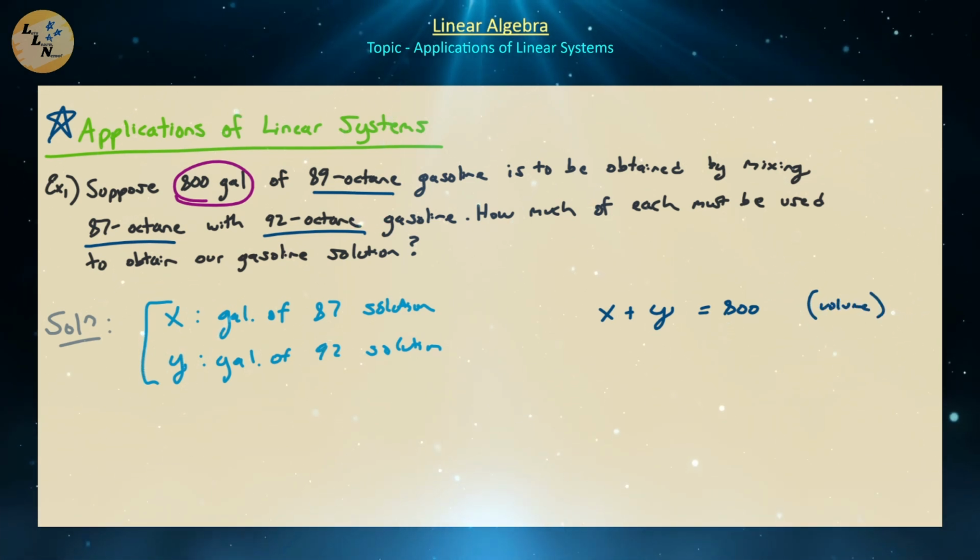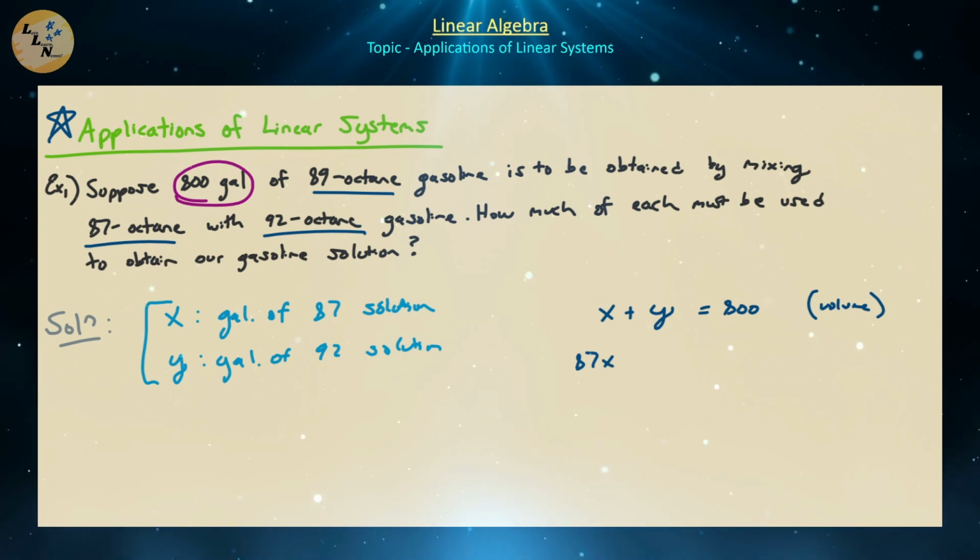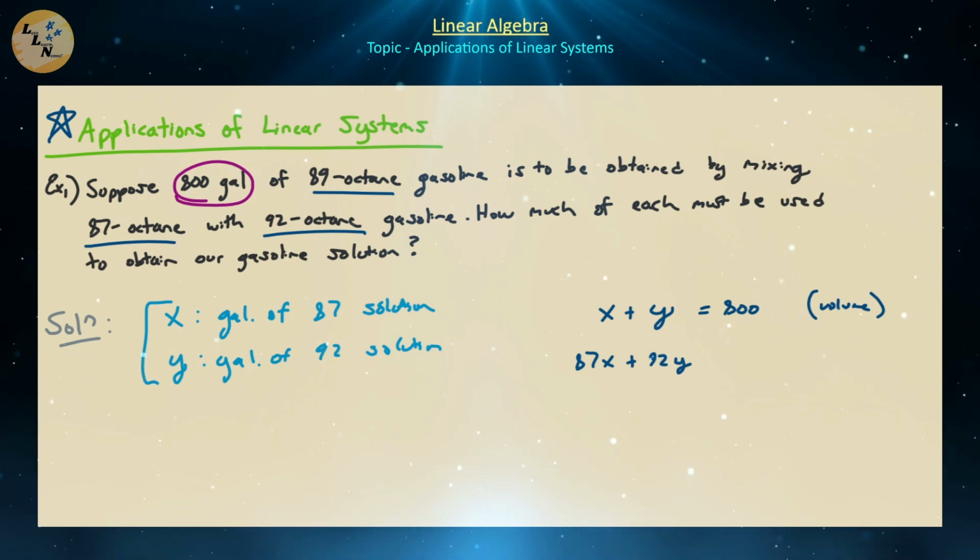And the next equation that I want to focus on is going to be the concentration equation. So we have 87 times the gallons of the 87 octane solution, plus 92 times the gallons of the 92 octane solution. And that together must be equal to what type of concentration? In particular, we want that to be an 89 solution.